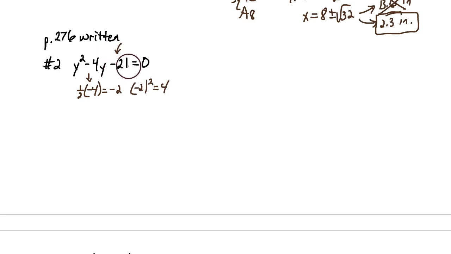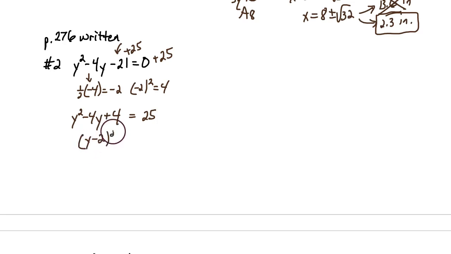So to make -21 turn into +4, you would add 25, and on the other side to compensate. Now our problem can be rewritten as y squared minus 4y plus 4, and that's equal to 25. Now factor that trinomial, y minus 2 squared.